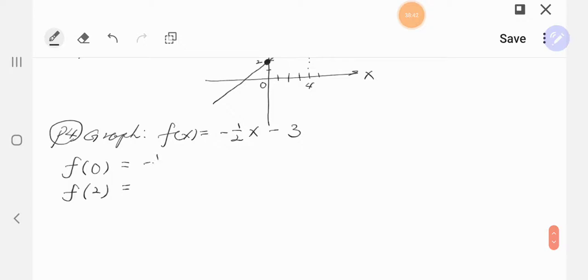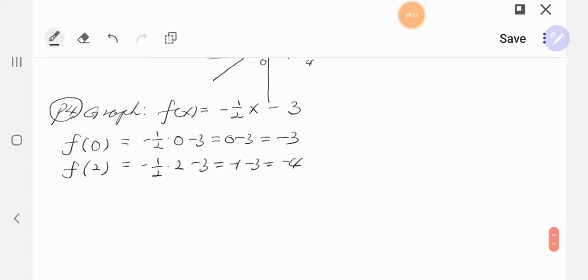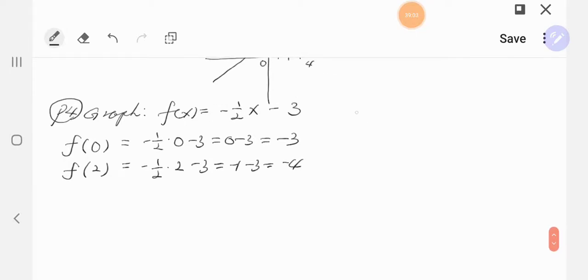So negative 1 over 2 times x, with x equals 0, then 0 minus 3 is negative 3. If x equals 2, then plug in 2 for x, now reduces, negative 1 minus 3, so negative 4. So we have two points, right? What are these 2 points?